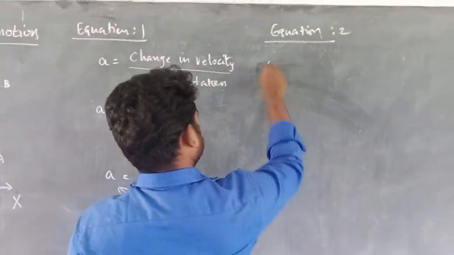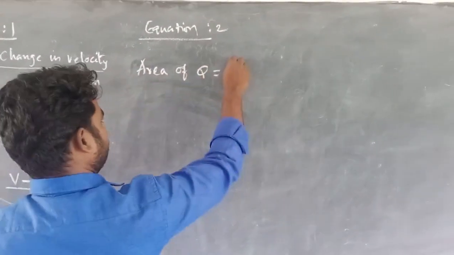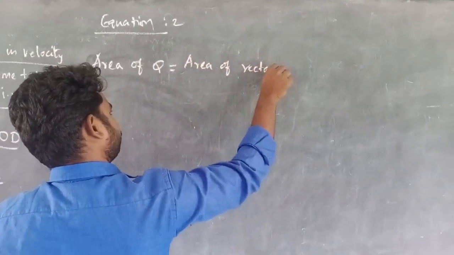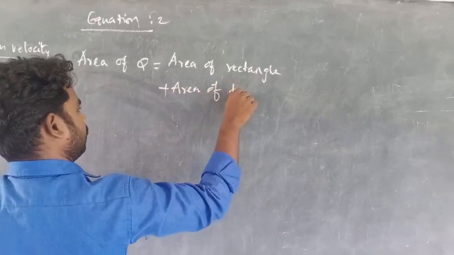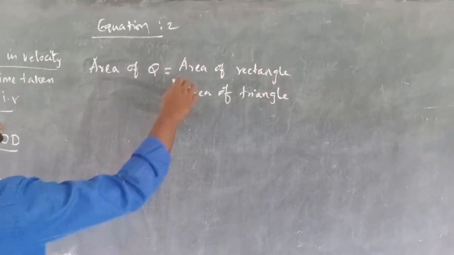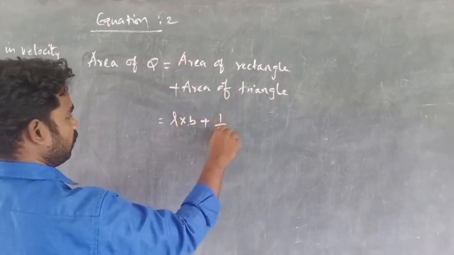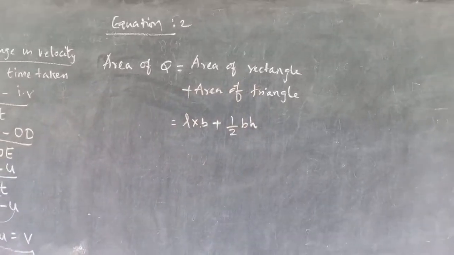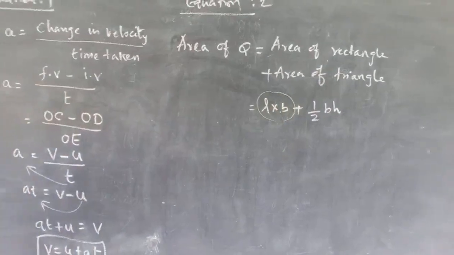So first one, area of quadrangle is equal to area of rectangle plus area of triangle. Okay, you know the formula. Area of the rectangle is length into breadth plus area of triangle is 1 by 2 base into height. Okay, in this graph, first we have to find the l into b value.